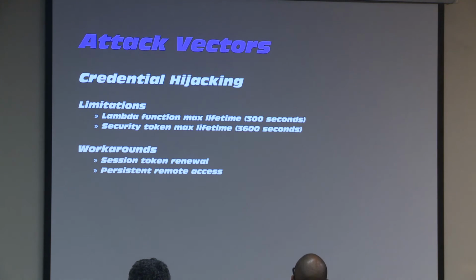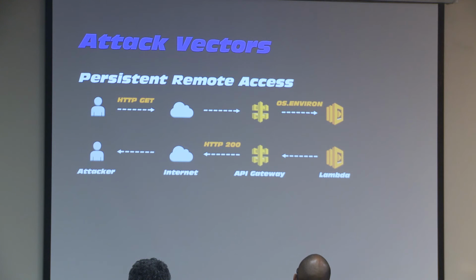So we talked about the lifetime being 300 seconds, and then the security token max lifetime is 3,600, or an hour. So we need to renew those session tokens so we can continue to do whatever it is we want to do. So we want to look at how we gain persistent remote access to this. Some of the ideas, I haven't actually written any code to do this.